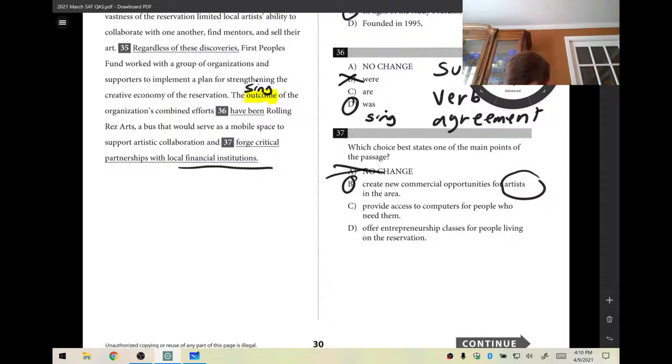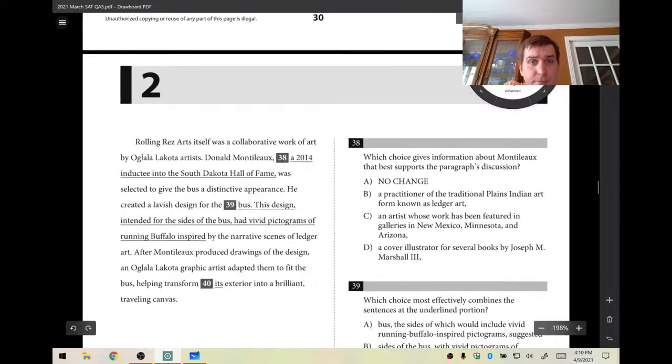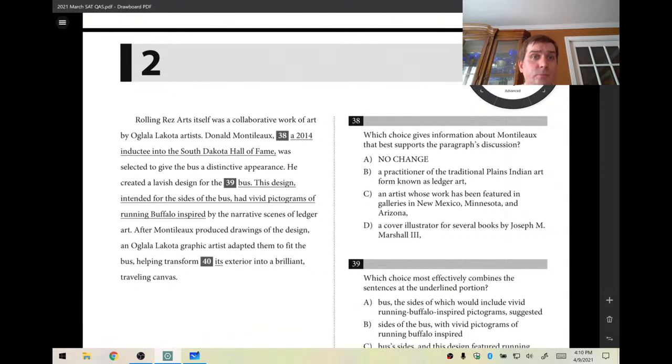Okay, now we're moving on to 38. Donald Montello, a 2014 inductee into the South Dakota Hall of Fame, was selected to give the bus a distinctive appearance. So that may be a true statement. That could be an inductee into the South Dakota Hall of Fame. That doesn't matter. We need this.